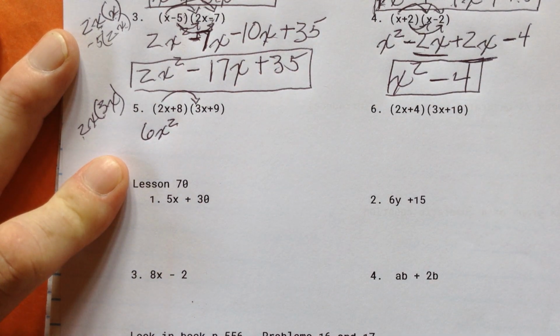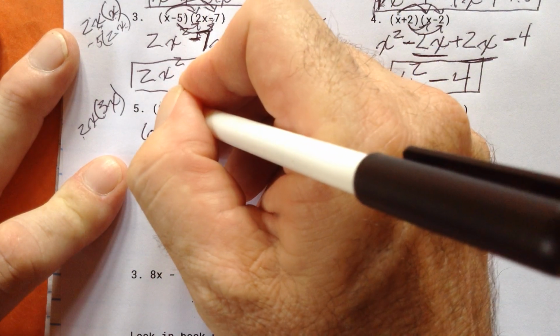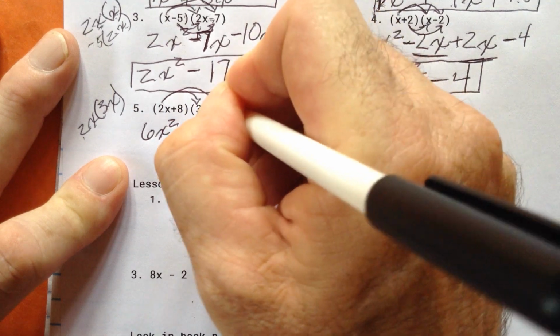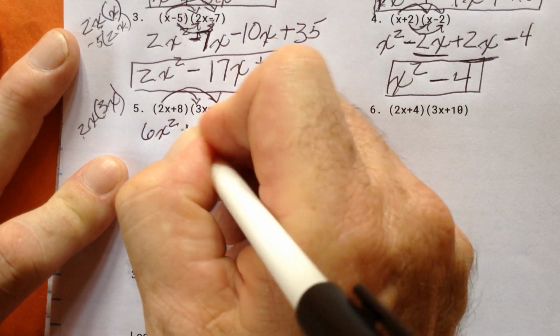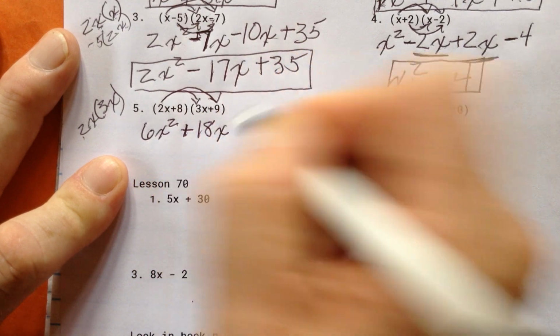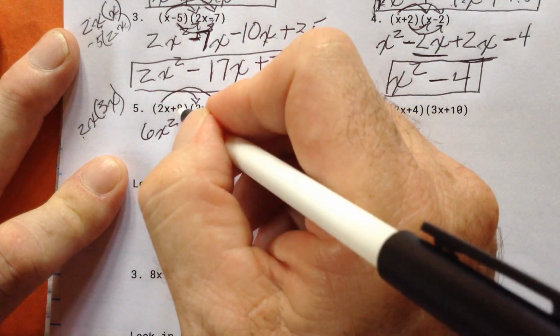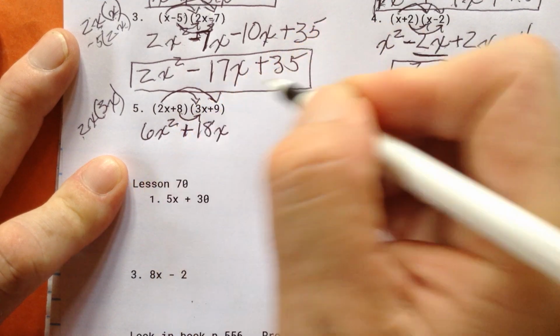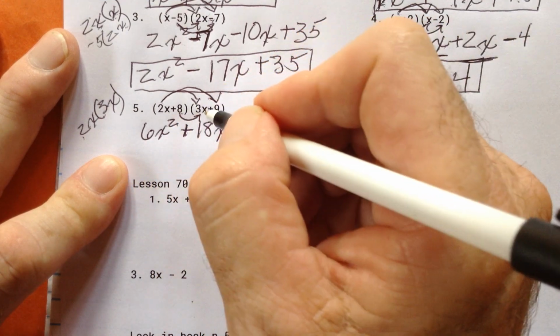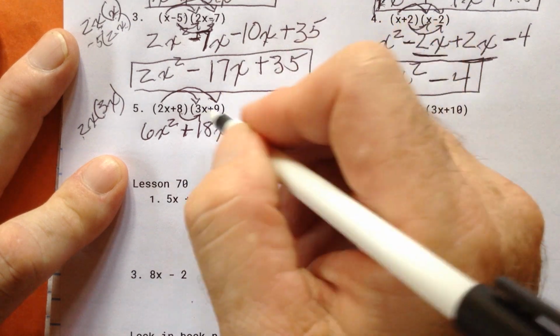So I got 6x squared. And then 2x times positive 9, so 9 times 2 is 18x. And then the 8, now I got to do the 8 with the 3x. So 8 times 3 is 24.